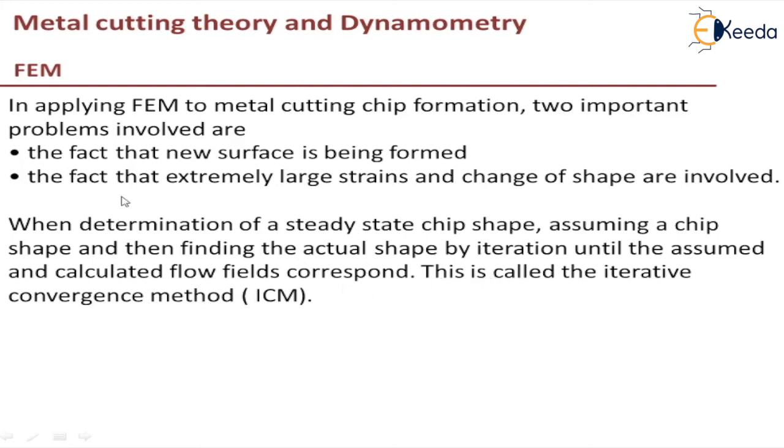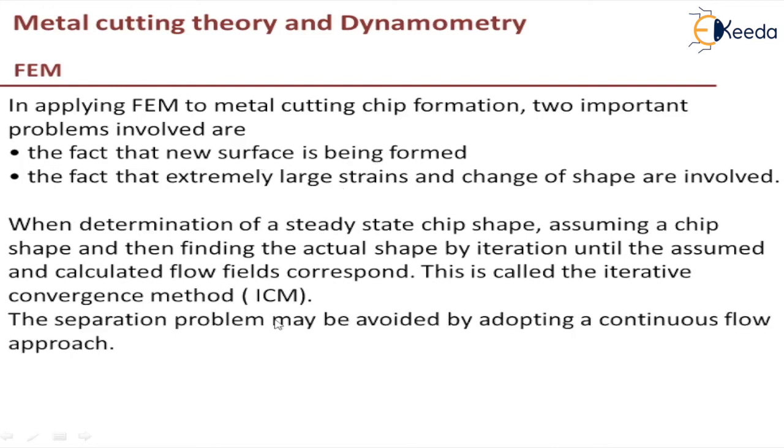The problem which we discussed, that is the fact that a new surface is being generated, the separation problem, may be avoided by adopting a continuous flow approach, in which as the tool advances the mesh is distorted and it must be regenerated. So every time the tool moves on, the mesh is regenerated because it is distorted.